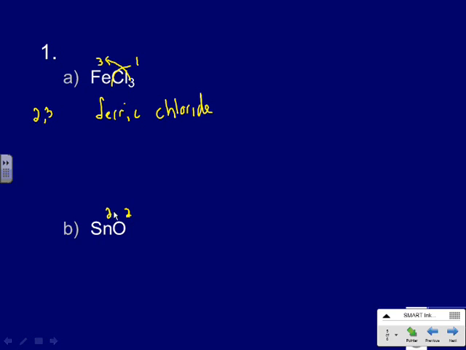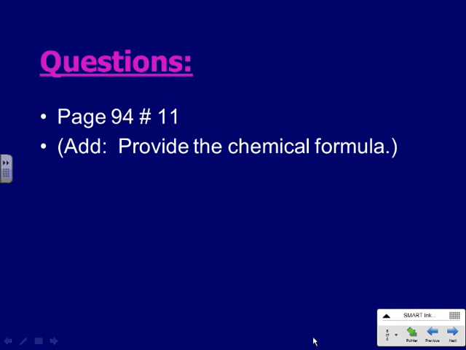So since it's a tin in the 2 form, and if you check the oxidation states for tin, their choices are 2 and 4. Because this is tin 2, it's the low one. So this is stannous oxide. All right? So there are a couple of examples on the classical naming system, and there is a homework problem that you can then do for that.